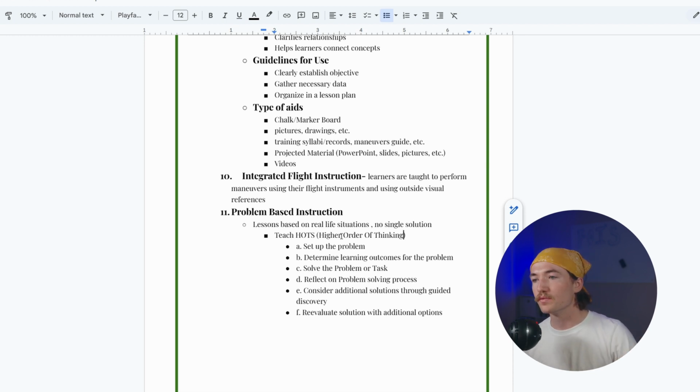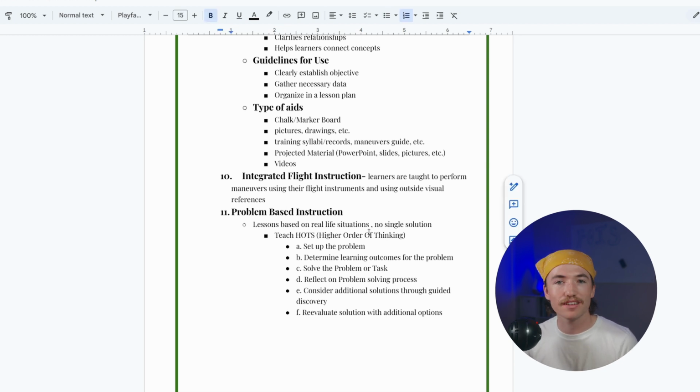So when you do, you can use higher order thinking and go down this A through F. Set up the problem, determine learning outcomes for the problem, solve the problem or task, reflect on problem solving, consider additional solutions through guided discovery, and then reevaluate the solution and additional options. So using that, and it is seriously a skill to use, and the only way that we build skills is by practicing them. So don't be afraid to teach higher order thinking.